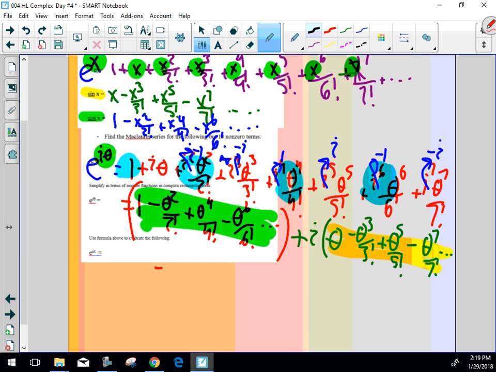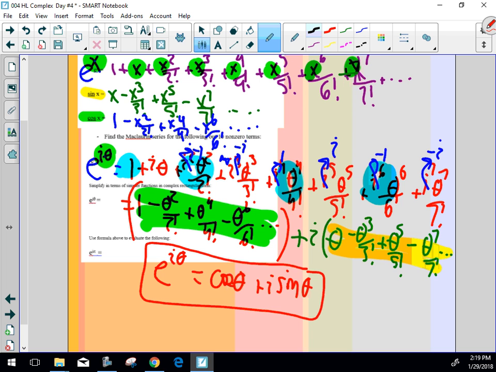So, okay, you ready? e to the i theta turns into cosine theta plus i sine theta, which you proved a different way before using separation of variables. And then you just go ahead and put the pi in for theta, and pi putting in here.